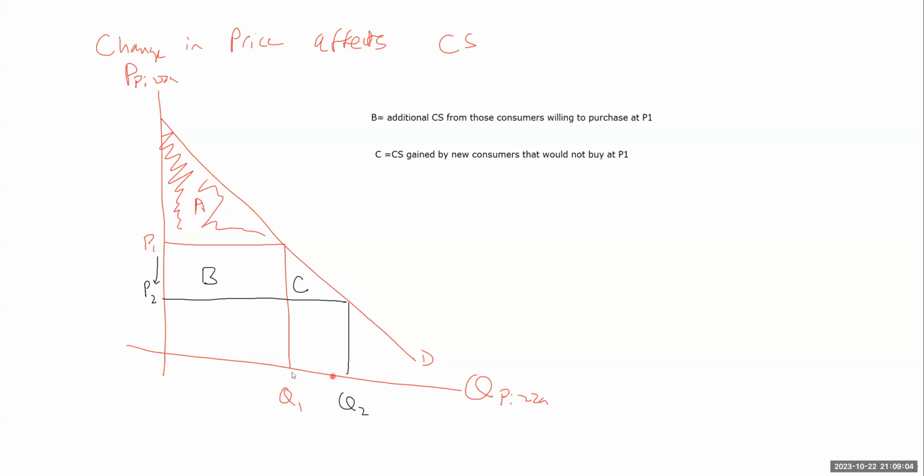So this amount right here is purchased by, say, new entrants into the marketplace. They would not buy pizza at this price. But when the price falls, yeah, I could buy pizza. And they come in. C is the consumer surplus of these new people who only buy pizza because the price fell. Okay. All right, that's the end of my discussion of consumer surplus.